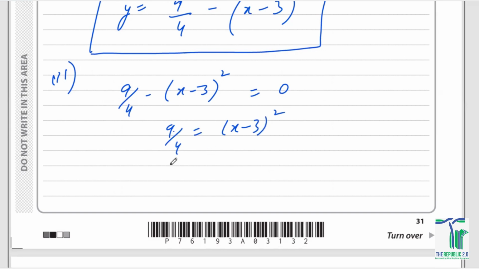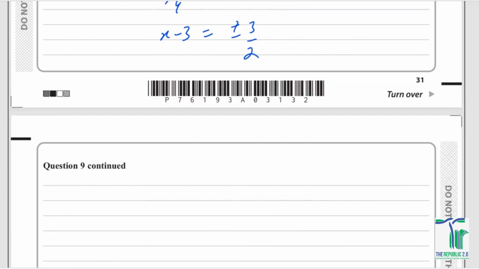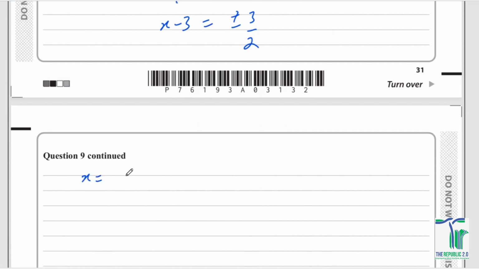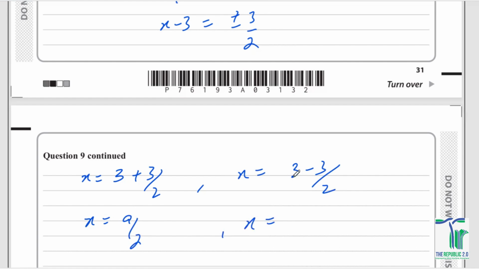Taking the square root on both sides, I would be having x minus 3 equals plus minus 3 by 2. Now I'm just going to split it, and I would have two values of x: x equals 3 plus 3 by 2, and x equals 3 minus 3 by 2. From here onwards, I would be having 9 by 2. And from here, I would be having 2 times 3, which is 6, 6 minus 3 has to be 3, so I would be having 3 by 2.